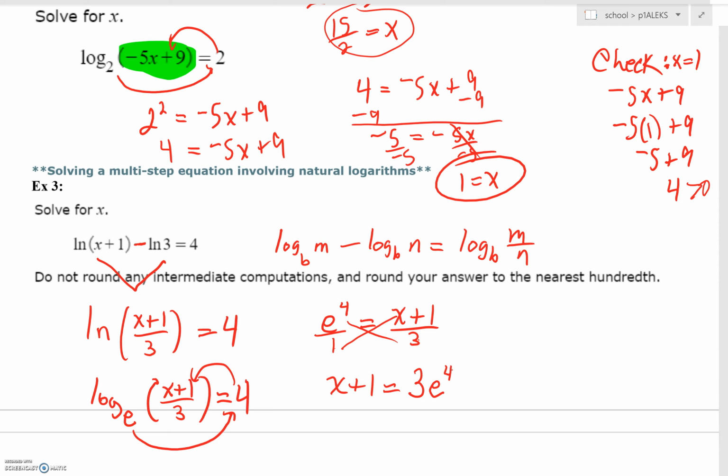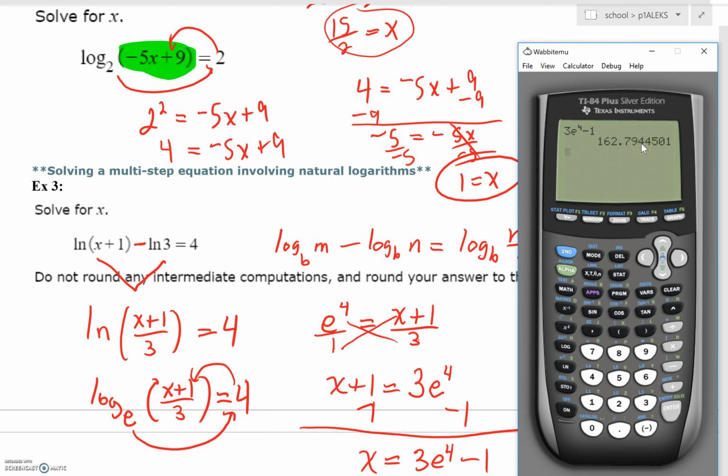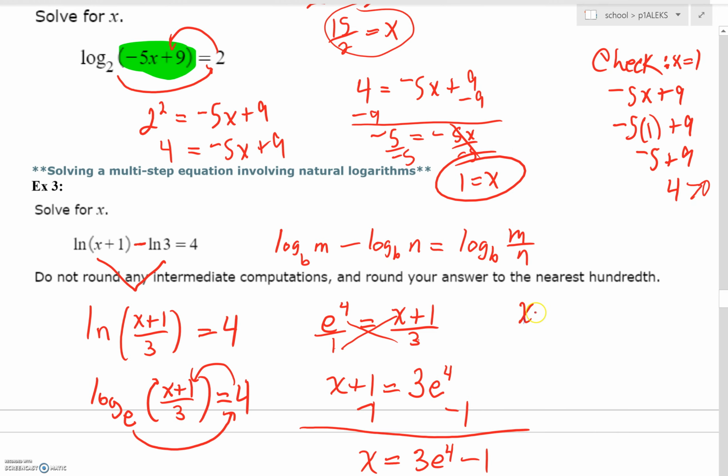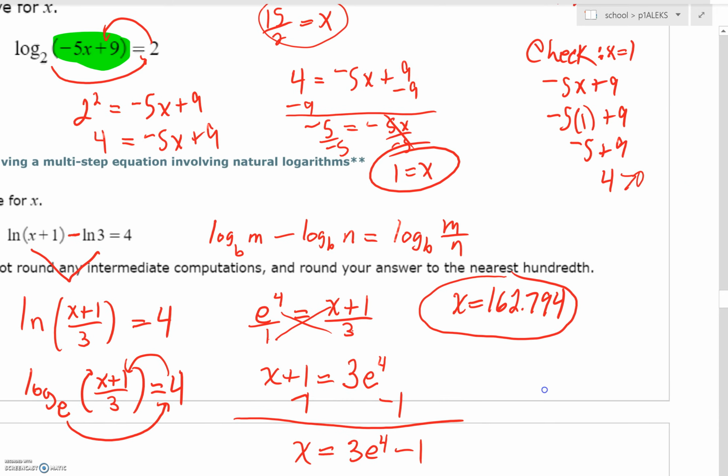And if we were going to the nearest thousandth, that's the third decimal place, that's 162.794.